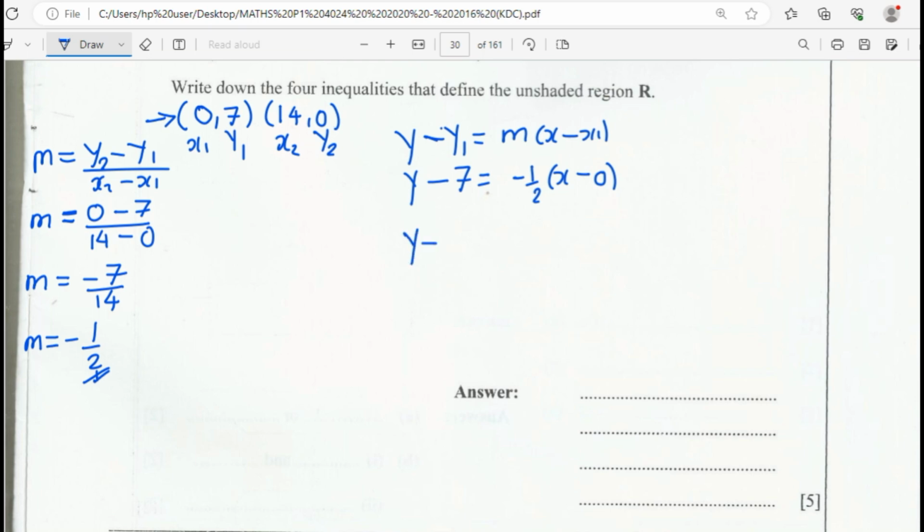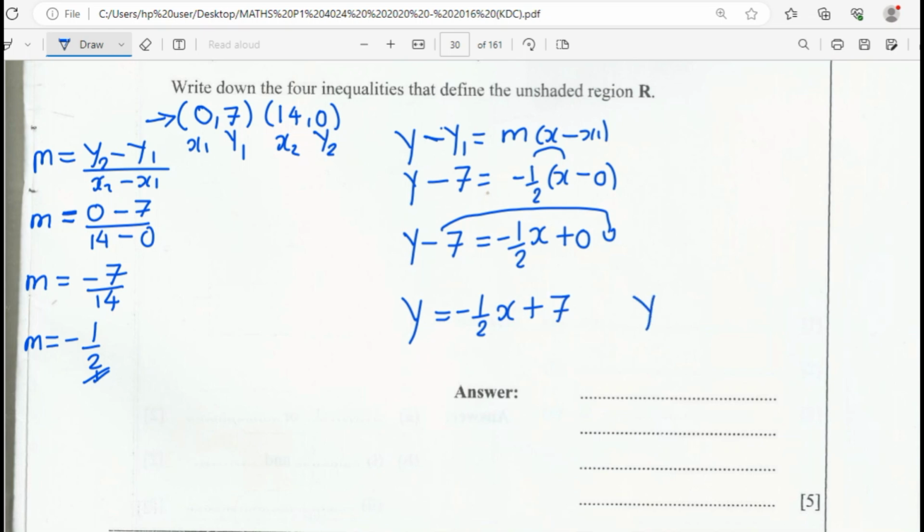So we can say y minus 7 is equal to -1/2 times x. This will give us -1/2 x. -1/2 times -0, we just get a +0, or we can just ignore that. Then from there we can now shift this one, so this will give us -1/2 x plus 7.